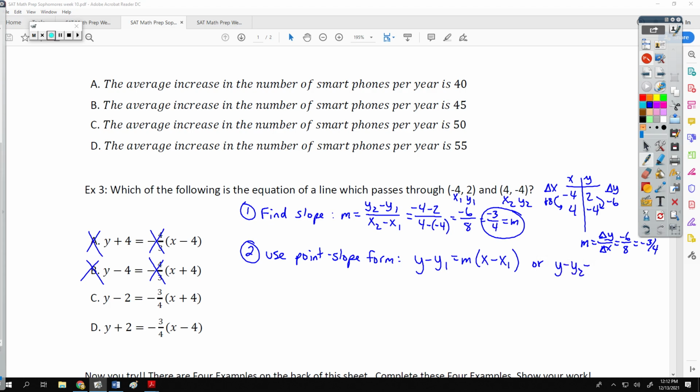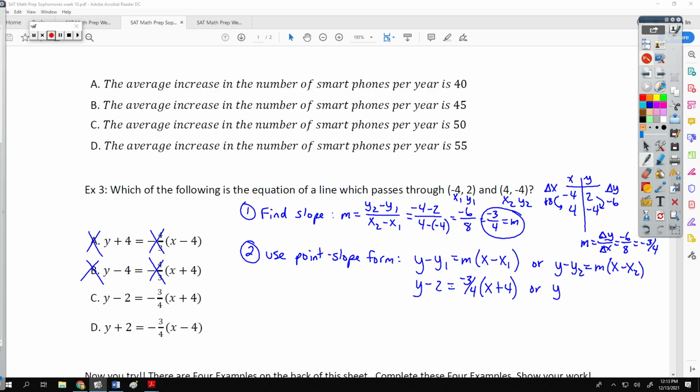You could plug in y2 and x2, and you'd get an answer as well. So one of those 2 points is going to provide you with the correct answer. If we plug in x1 and y1, we would be looking at y minus 2 equals -3/4 times x minus -4, which would be y minus 2 equals -3/4 times the quantity x plus 4.